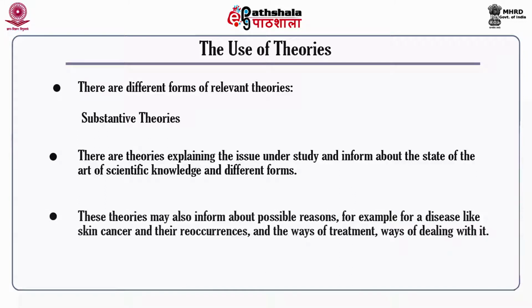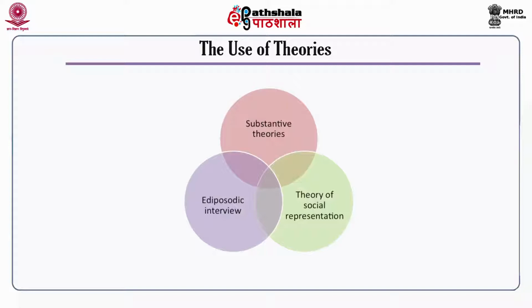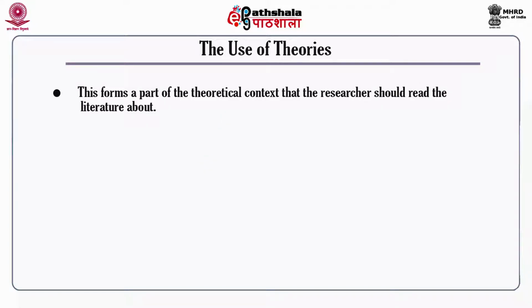These theories may also inform about possible reasons, for example, for a disease like skin cancer, its reoccurrences, and the ways of treatment and dealing with it. This forms a part of the theoretical context that the researcher should read the literature about.